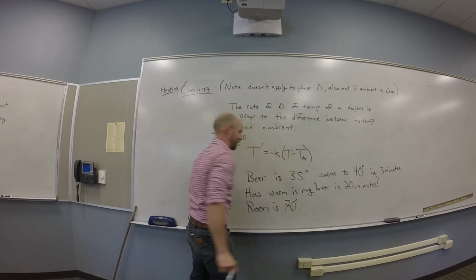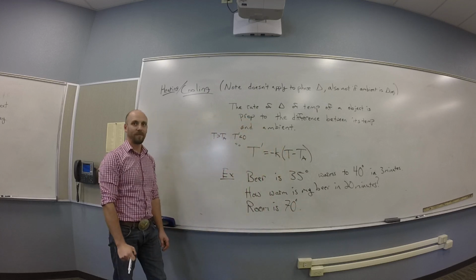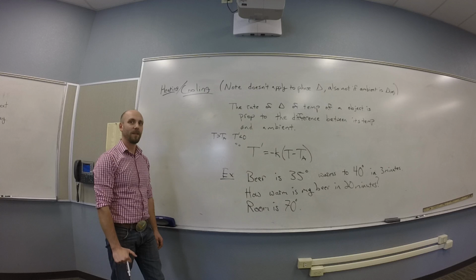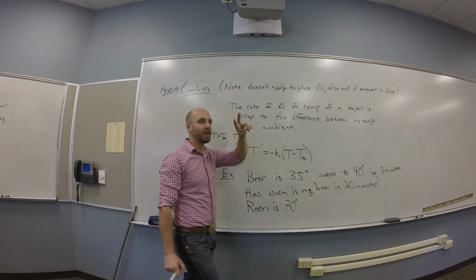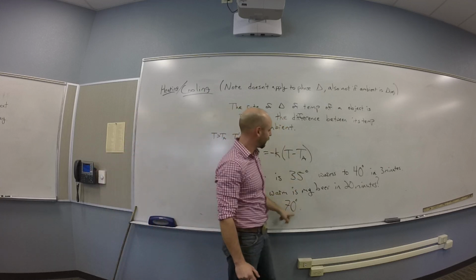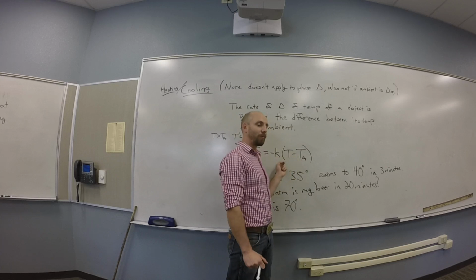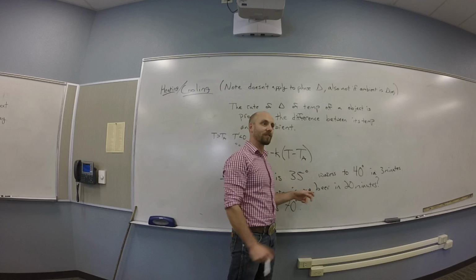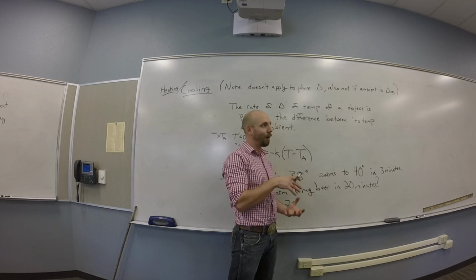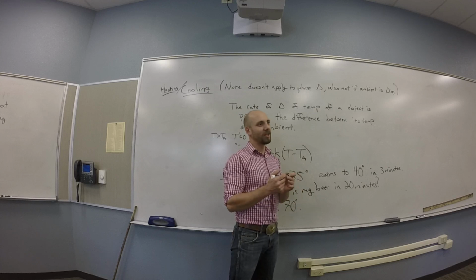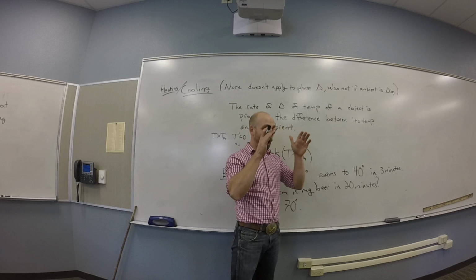Couldn't we solve for that if we know that it went from 35 to 43 in some minutes? Yeah, so you need to know one of two things here. You either need to know the ambient temperature or the constant of proportionality. You might know the constant of proportionality if you know something about this liquid and this object and how fast it dissipates heat. Imagine two objects.